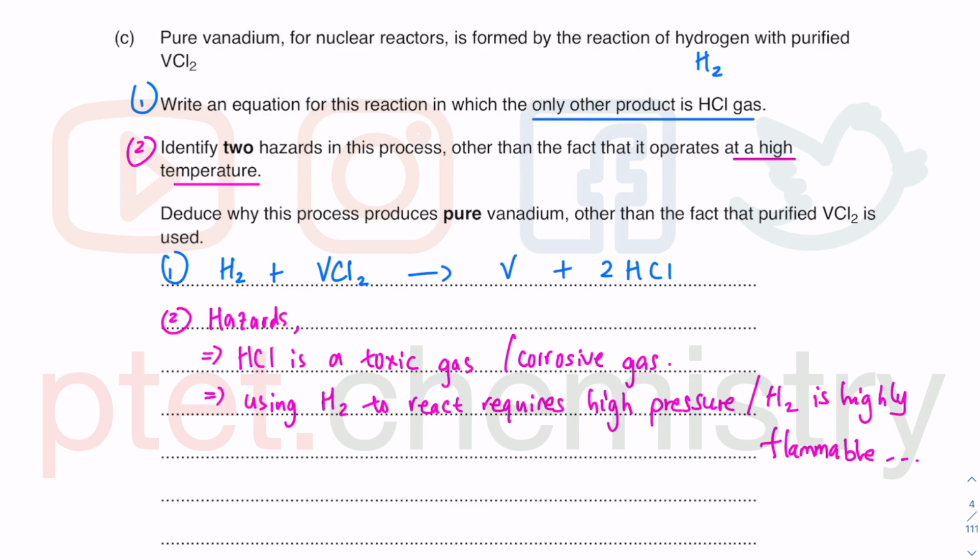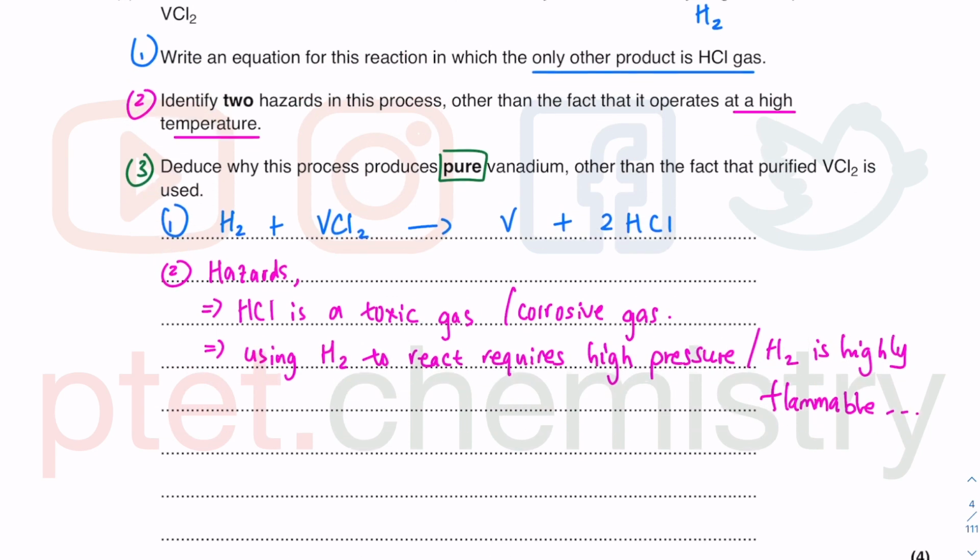Now, deduce why this process produces pure vanadium other than the fact that purified VCl2 is used.